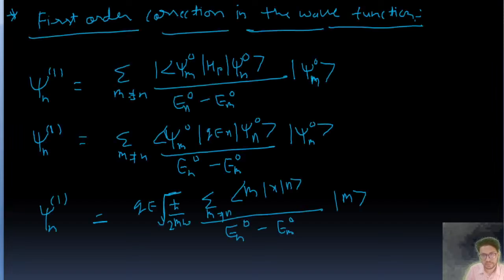So this value is going to be QE into root h cut upon 2m omega, sigma m not equal to n, we will put the value of x.